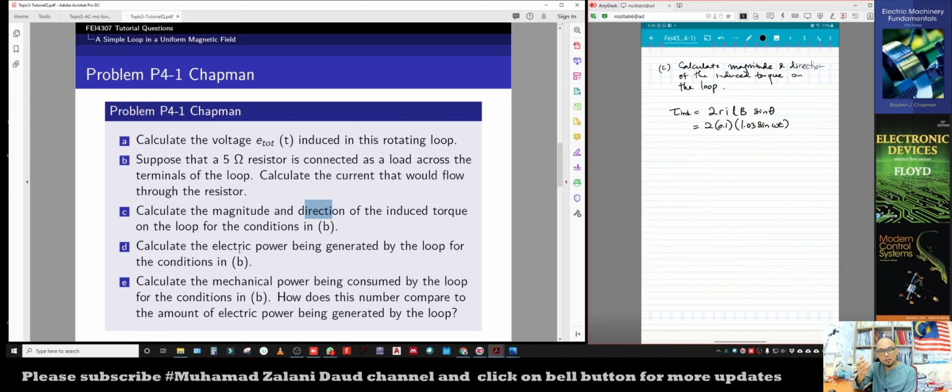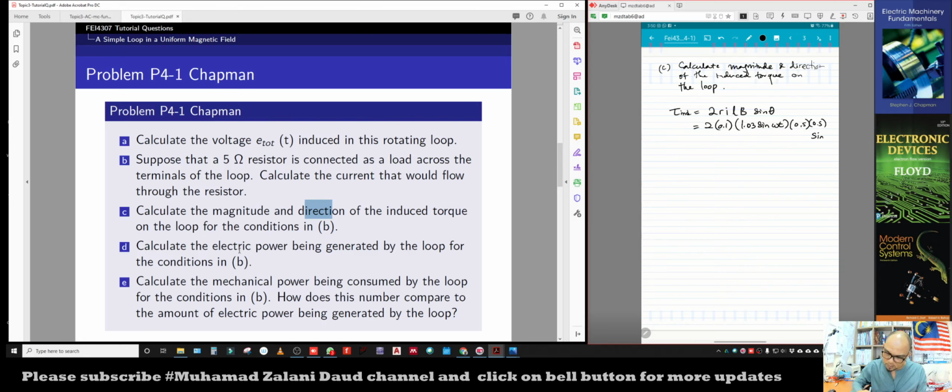But in this case I'm going to use omega t, because once we connect the resistor, current will be flowing, and at that time we are not really sure that it is 103 radians per second. So I just put omega t there for the current. Then substitute L 0.5, substitute B 0.5, and finally sine theta.